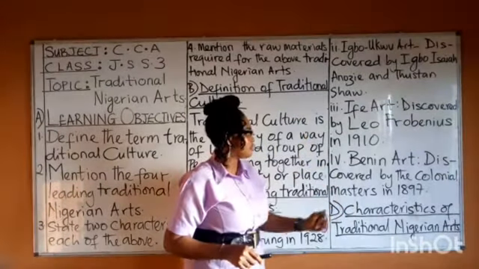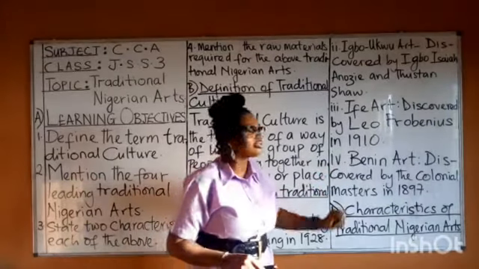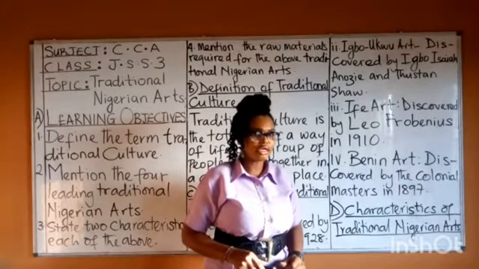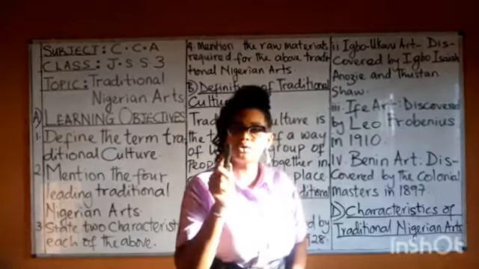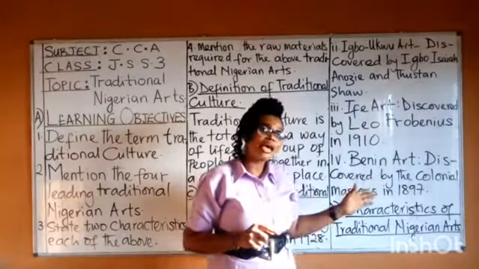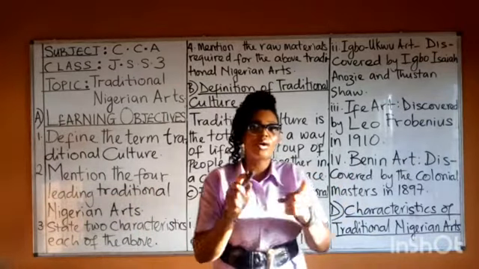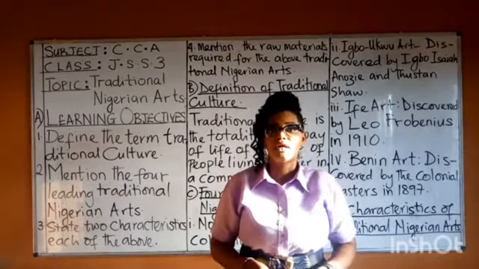While Benin art was discovered by the colonial masters. Who are the colonial masters? The British colonial masters, who came and invaded with the British soldiers at the time the Benin people were having a feast.